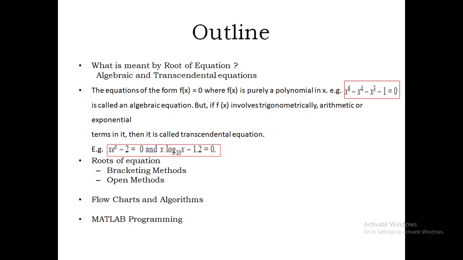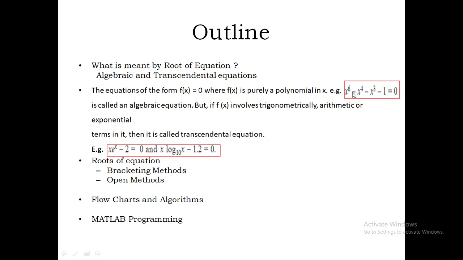Here x^6 is a polynomial in x of degree n, and every equation of the nth degree has n roots, either real or imaginary. Remember that.